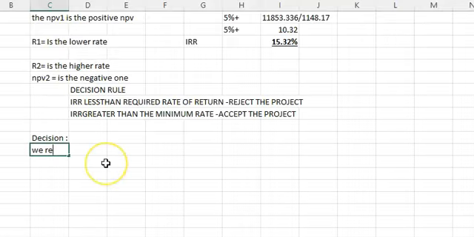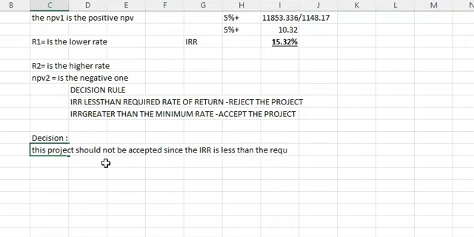So we're going to say that this project should not be accepted since the IRR is less than the required rate. Then we are done. That's how we handle this question.